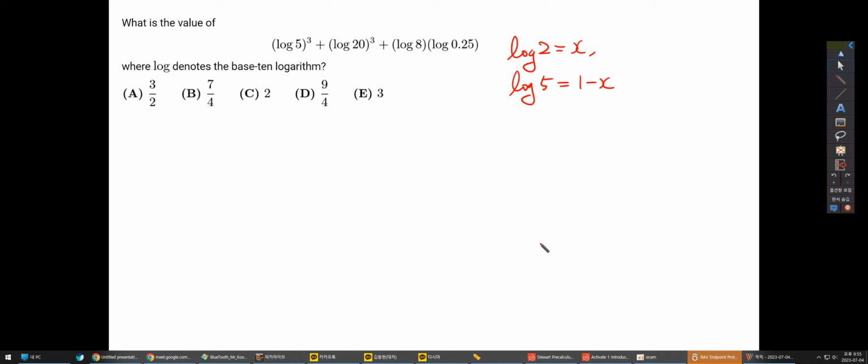So log 2 plus log 5 is equal to log 10. So that means the first one, this cube is for the second cube.